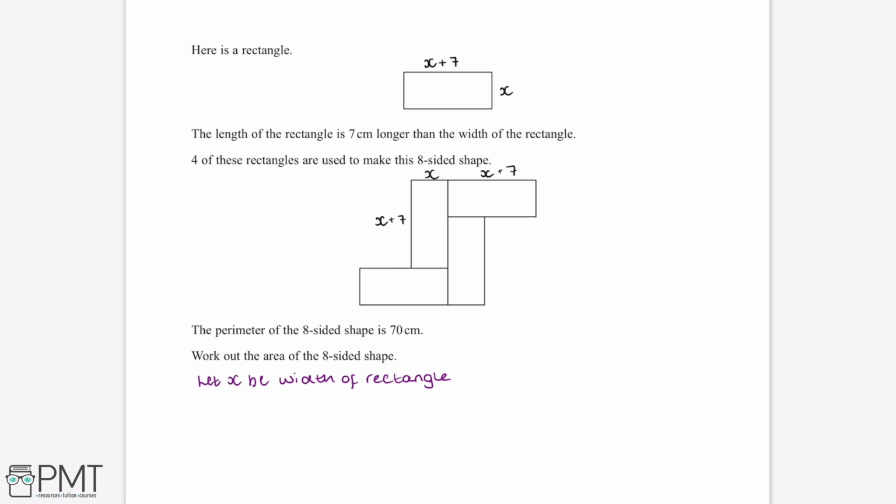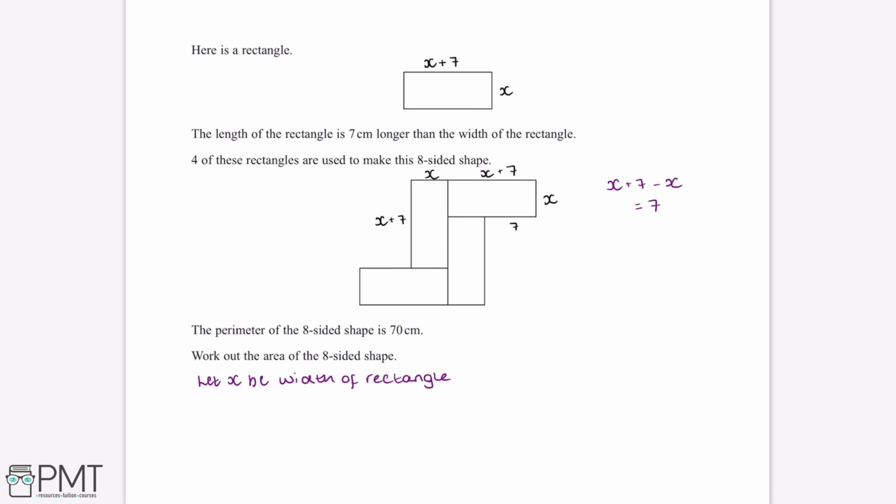This is another width, so this will be x centimetres. Now this side here is equal to one length of this rectangle minus one width of this rectangle. If the length is x plus 7 centimetres and the width is x centimetres, then this side length will be equal to x plus 7 minus x centimetres, which is 7 centimetres.